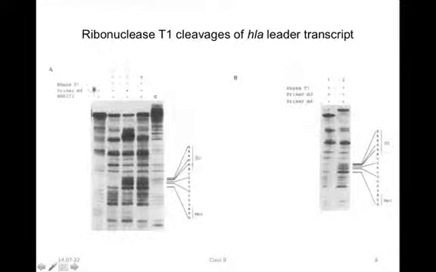And then in lane 2, they add T1, and you see really definite bands. Then they add RNase 3. Oh, sorry, no. Lane 3 is adding a primer. If you add a primer, this region is blocked or protected.